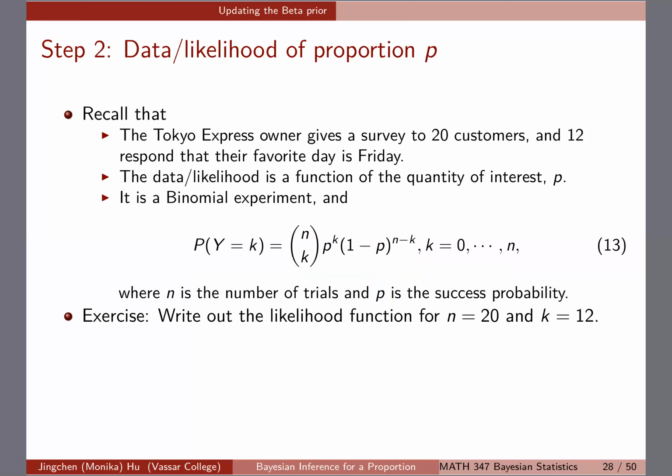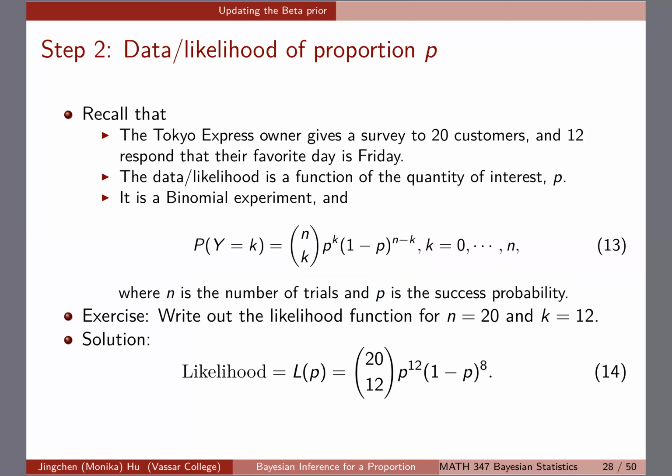The likelihood function, when you have n equals 20 and k equals 12, will just become 20 choose 12, p to the power of 12, and then 1 minus p to the power of 8. And that's what I meant earlier, that we typically write L(p), where L stands for likelihood, and whatever goes into the parentheses is the unknown quantity. All right, so that's from before as well.